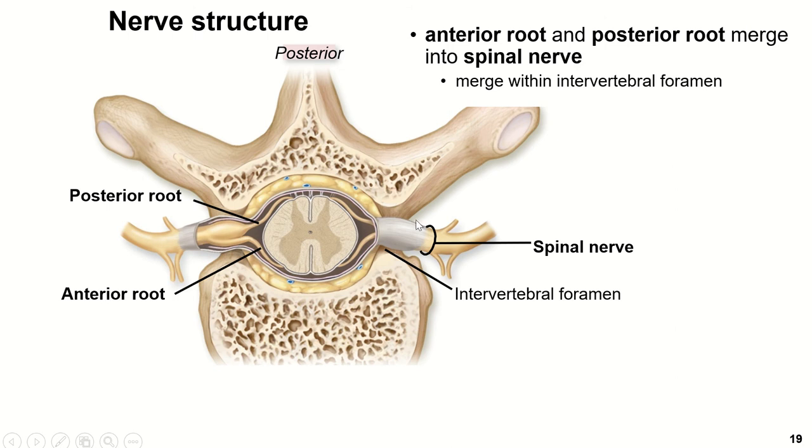The anterior root and the posterior root merge after the intervertebral foramen, past the posterior root ganglion. They're going to merge into a spinal nerve, okay? And then that spinal nerve is then going to start branching again. And those branches are, of course, going to have their own names because, of course, they do.